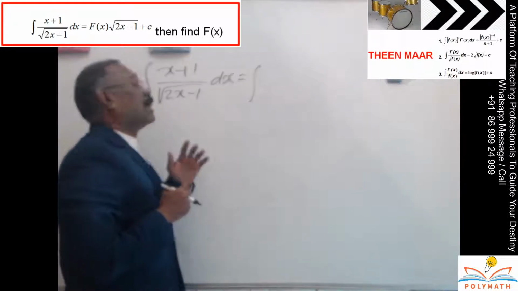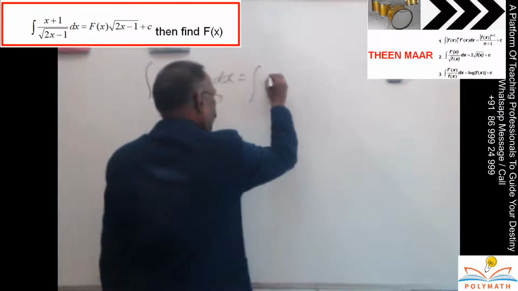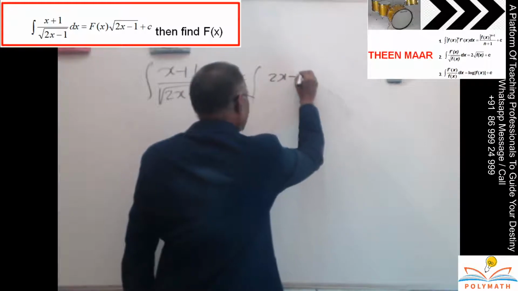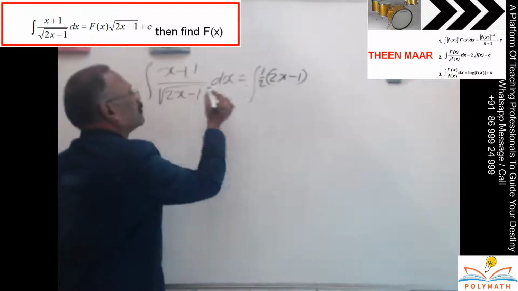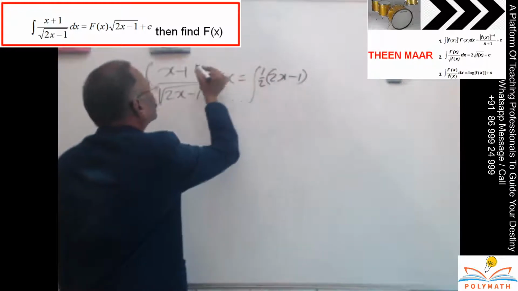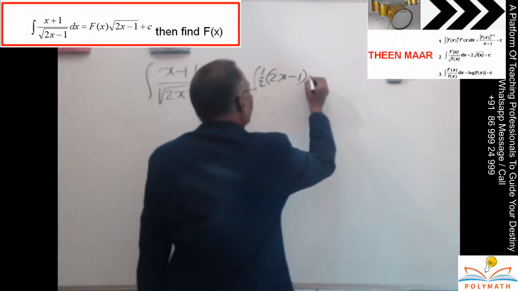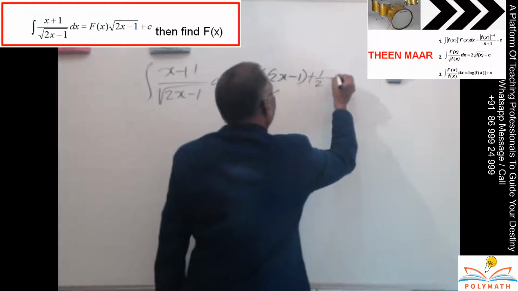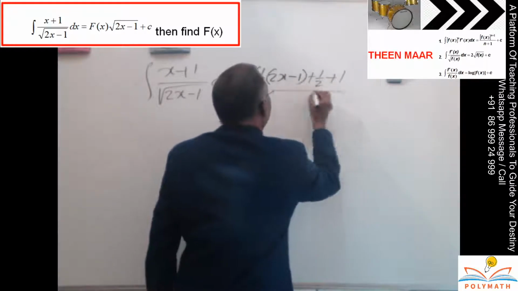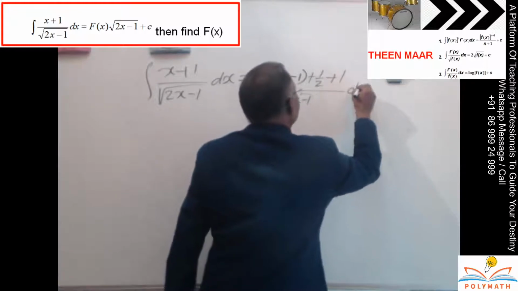So that is the reason why I'm creating 2x - 1 forcibly in the numerator. So what is that I'm doing? 2x - 1 I wrote, but I wrote 1/2 because I have only x there. 2 getting cancelled, x only remains. So what is the extra term I wrote? Minus 1/2 I wrote extra. So plus 1/2. Already plus 1 is there. Wrote it divided by root over 2x - 1 dx.